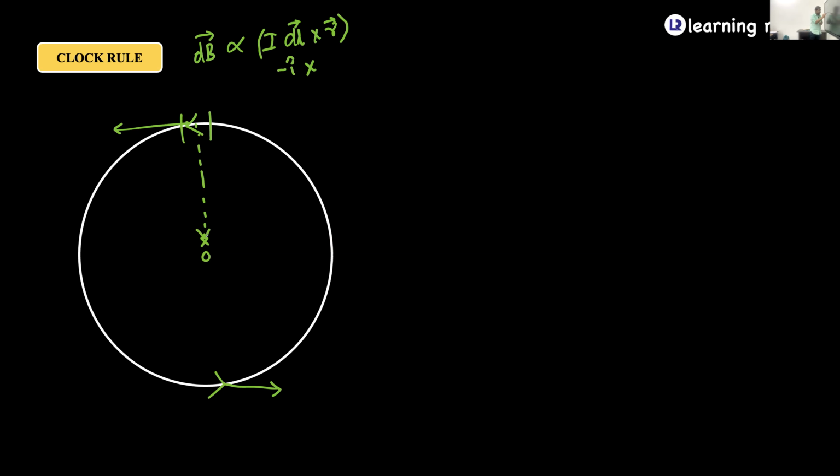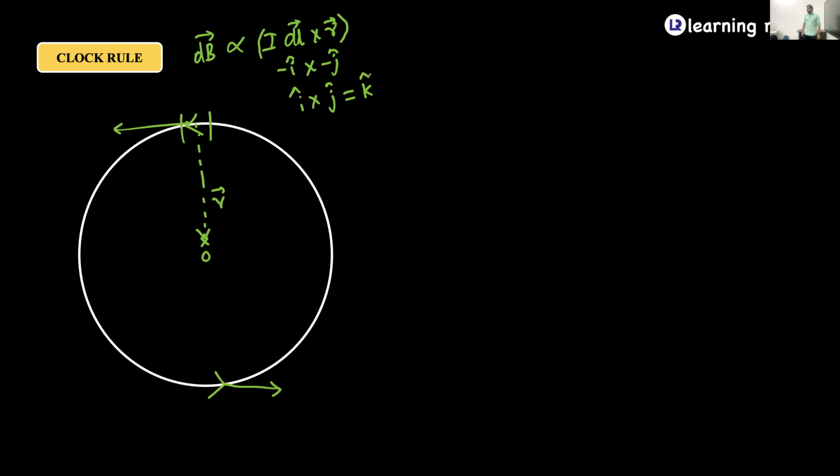So for the top element, the dl vector is minus i cap and the r vector is minus j cap. Minus of minus is plus. So what is i cap cross j cap? It is k cap. So i cross j is k. Meaning, when a current is revolving in the anti-clockwise direction, at the center the magnetic field is directed towards us. That is what k cap is.